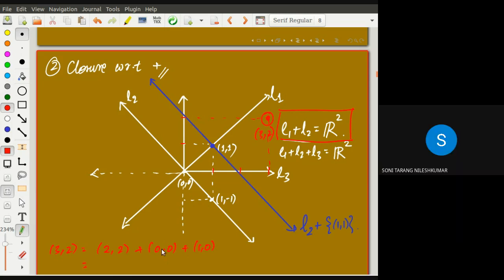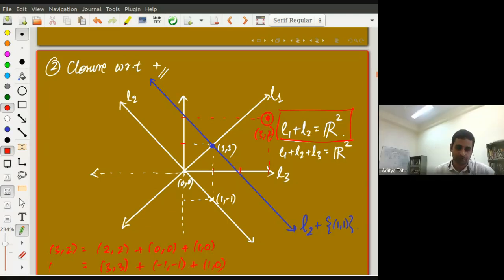Sir, 3, 3 plus minus 1, minus 1 plus 1, 0. Good. Is everybody okay with this? The first vector comes from L1, the second comes from L2, the third comes from L3.